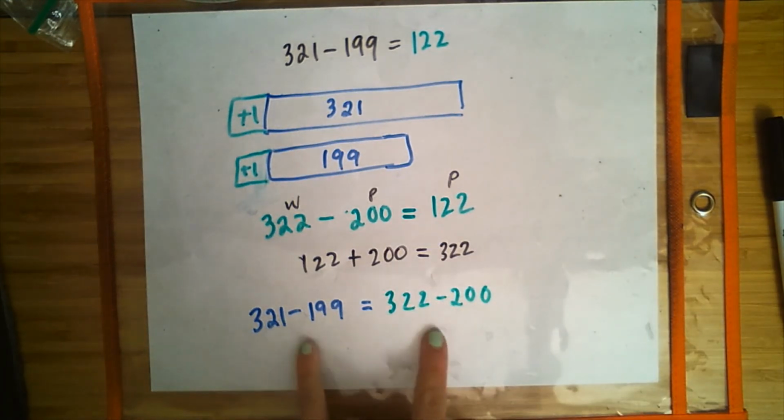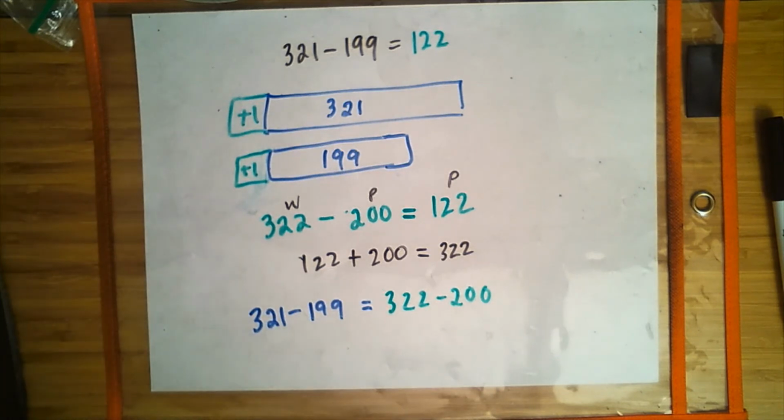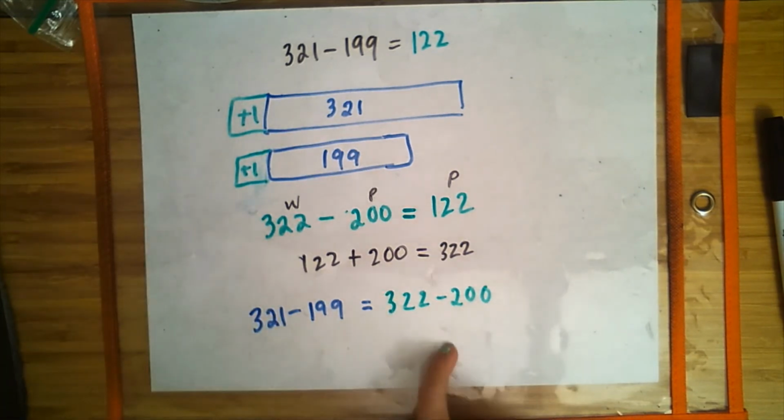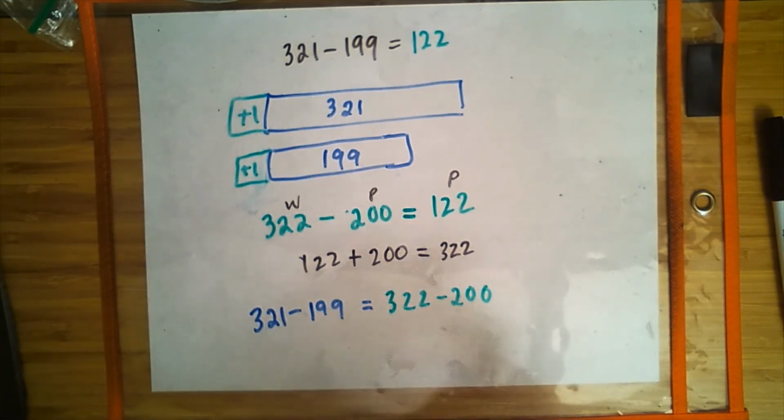That is because they both equal 122. Remember, the compensation strategy allows us to change our original number sentence into a much easier one to work with. It will give us the same solution. It just looks different and it's much easier to solve.